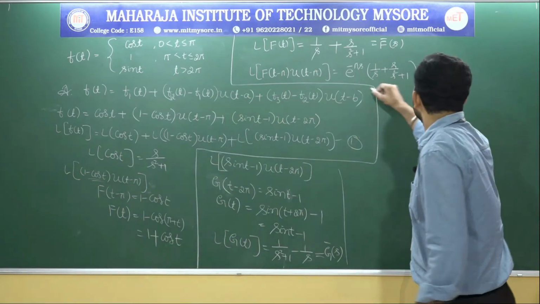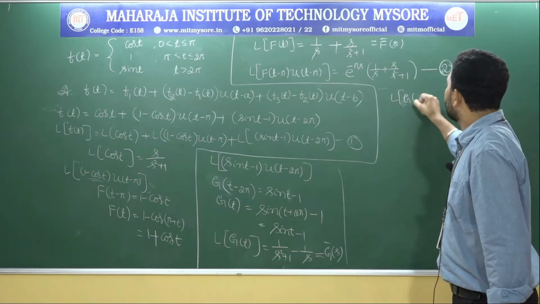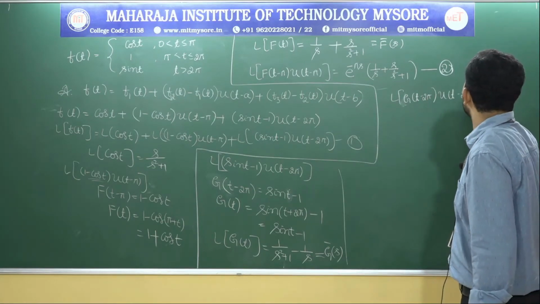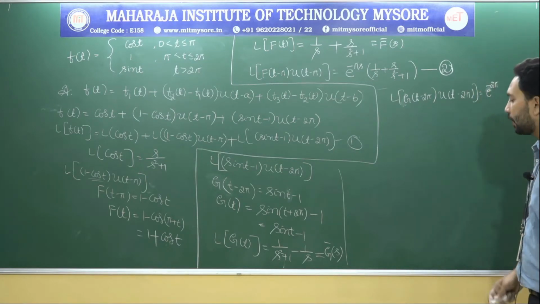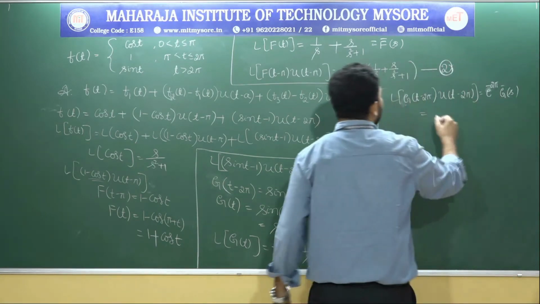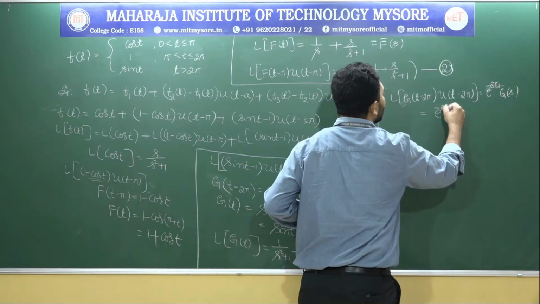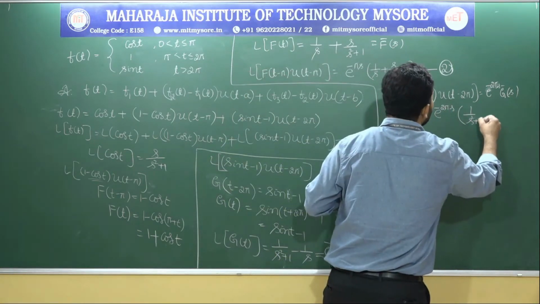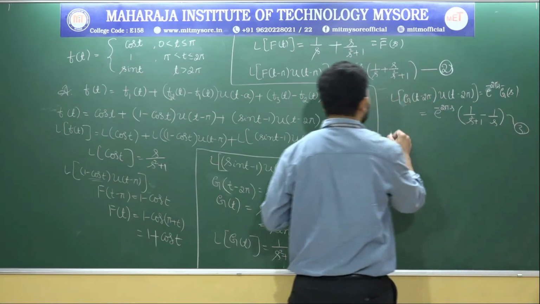Then Laplace of g of t minus 2 pi into u into t minus 2 pi is e power minus 2 pi s into g bar s. It is 1 by s square plus 1 minus 1 by s. I will take this as equation 3.